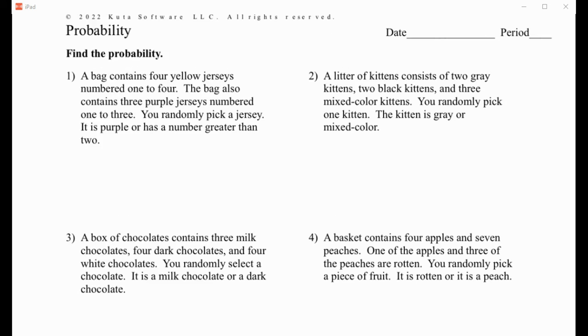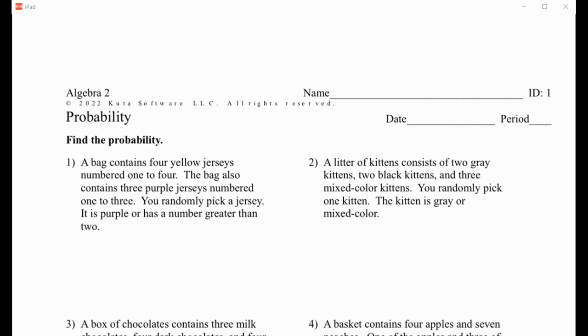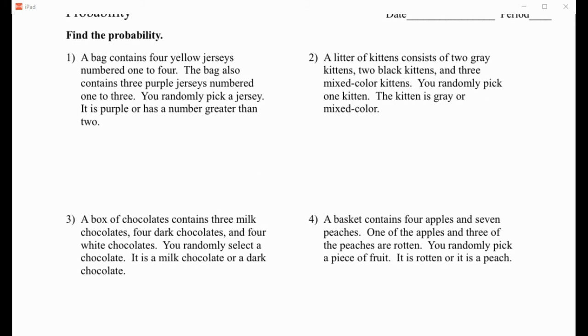Okay. So here is the actual work for today. I'm just going to go over a couple of them. A bag contains 4 yellow jerseys numbered 1 to 4, so I've got yellow 1, yellow 2, yellow 3, yellow 4. The bag also contains 3 purple jerseys labeled 1 to 3, so purple 1, purple 2, purple 3. You randomly pick a jersey. Find the probability that it is purple or greater than 2.